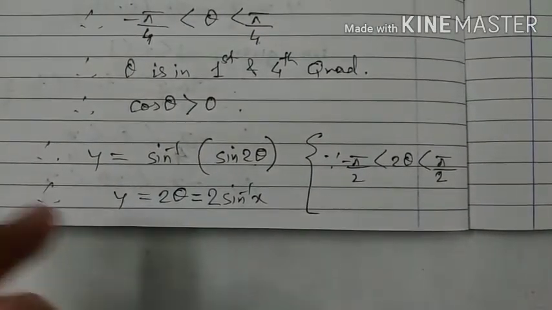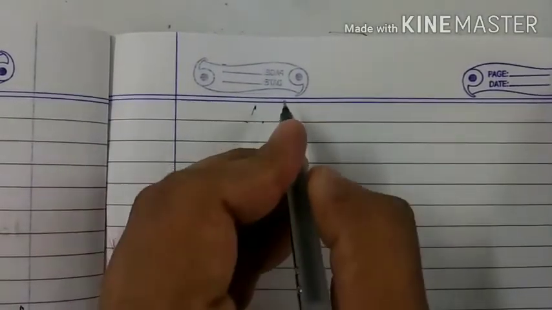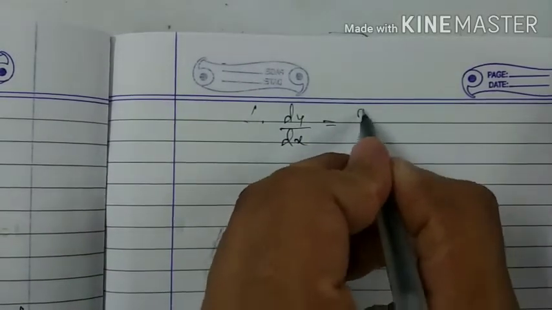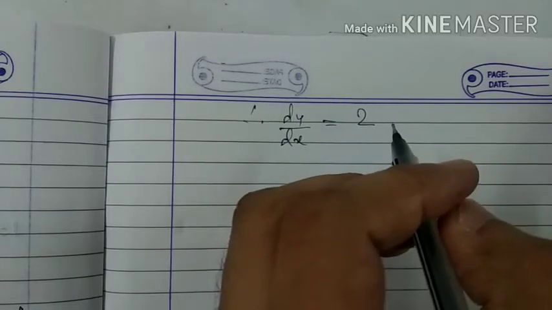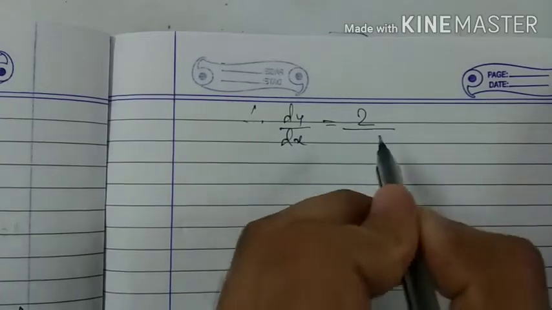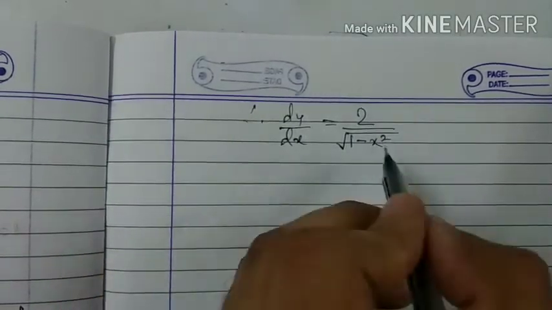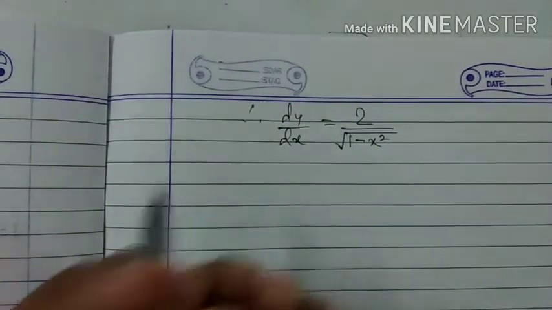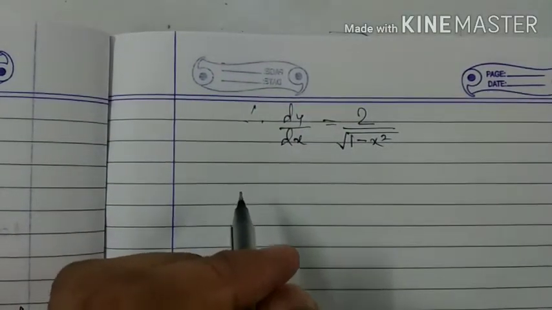Now taking the derivative with respect to x, dy by dx, the coefficient 2 stays as it is, and the derivative of sin inverse x is 1 upon root 1 minus x square. So 2 upon root 1 minus x square. Hence, this is our final answer, 2 upon root 1 minus x square.